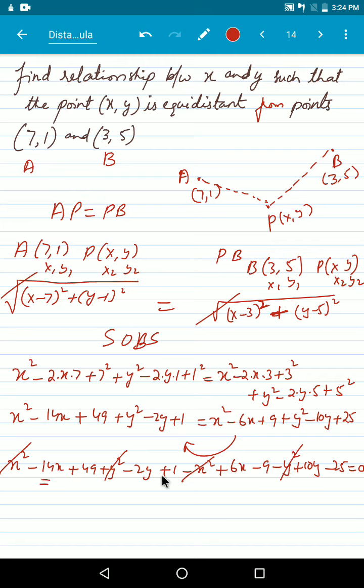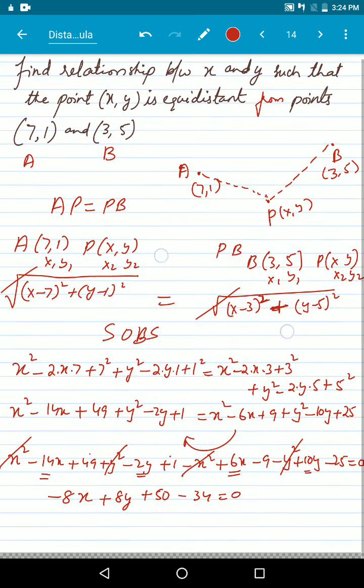Minus 14x plus 6x is minus 8x. What is left now? Minus 2y plus 10y is 8y. 49 and 1 is 50, minus 9 and 25 is 34. So 50 minus 34 is 16, equal to 0.